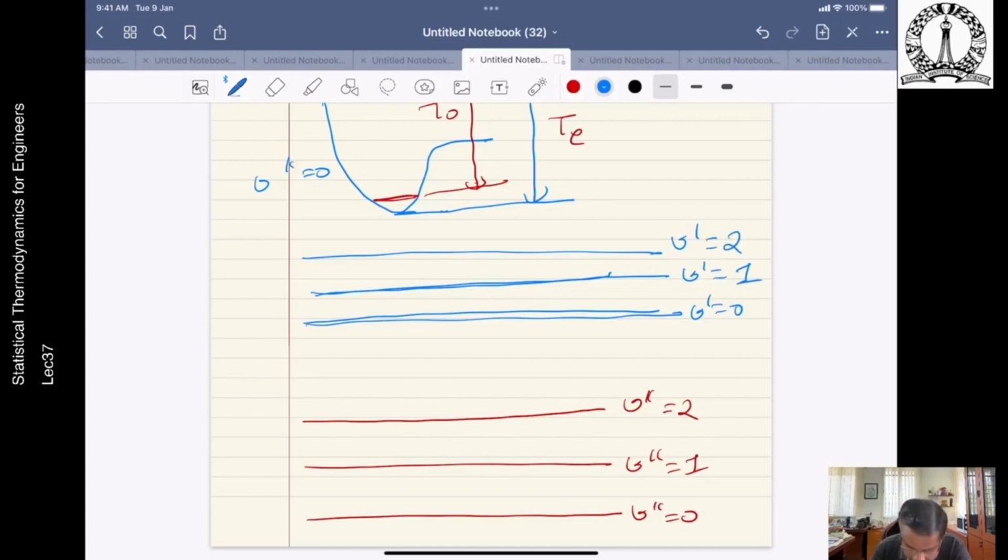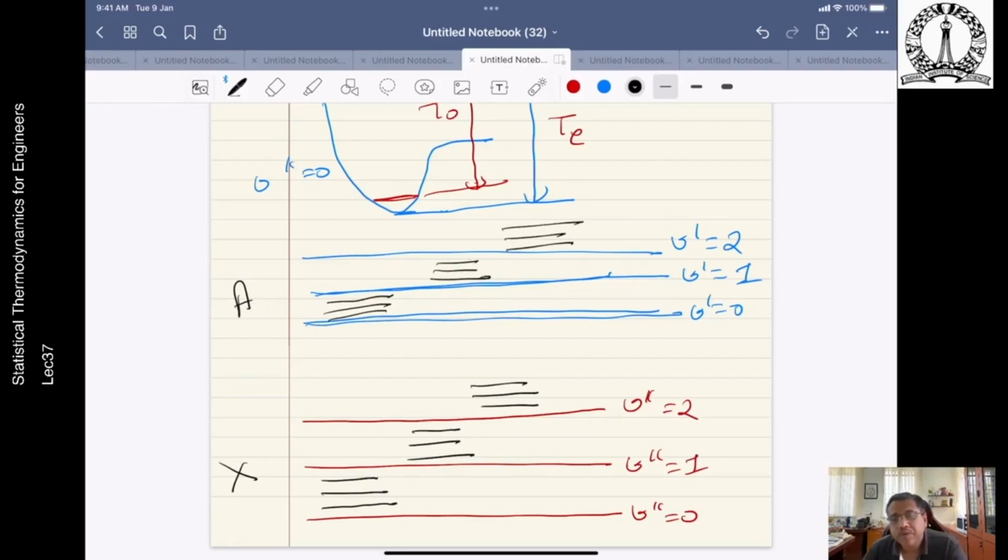Then of course, this is the X, this is the A. So this is basically your T naught.